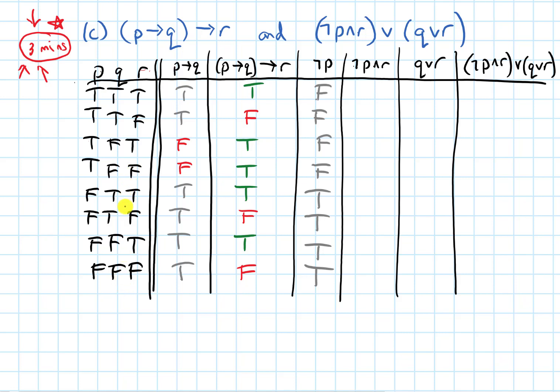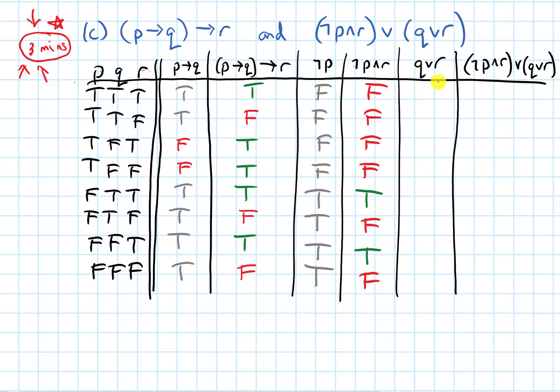That happens in this row, they're both true, and this row, they're both true here. But in all the other rows, at least one of them is false. So let's write falses in all of these other spots.